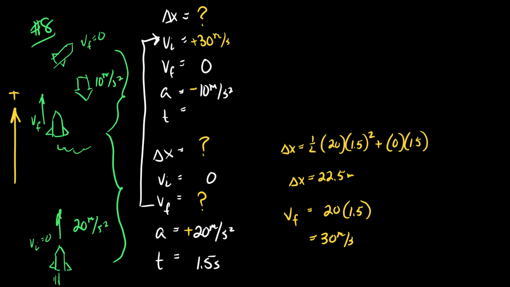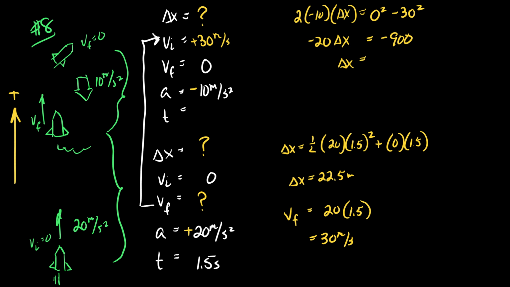I need delta x, so, well, I think I'm also gonna need t, but let's just do delta x first. I'm thinking 2 times a times delta x equals 0 squared minus 30 squared. So 30 squared is 900, and this is negative 20 delta x.